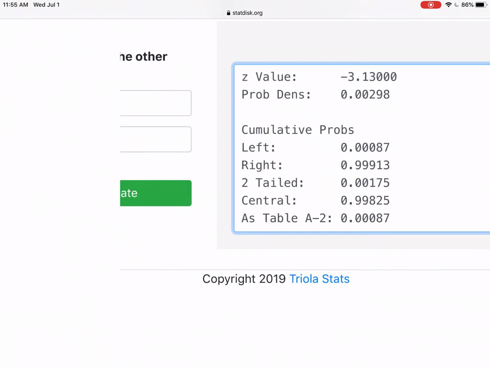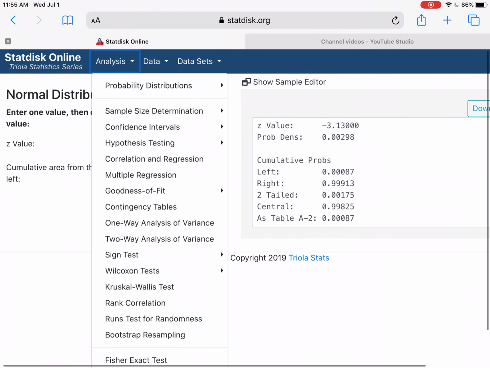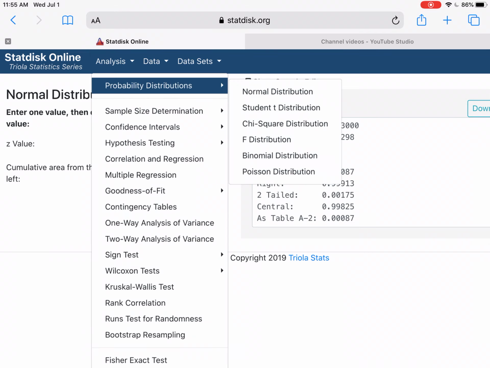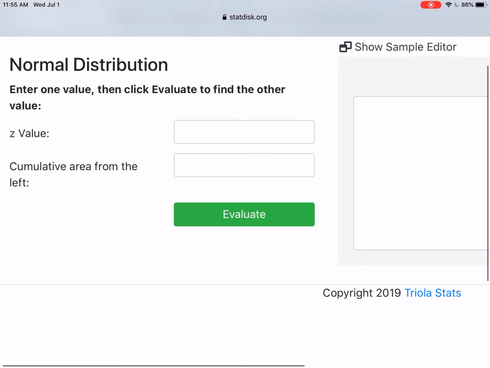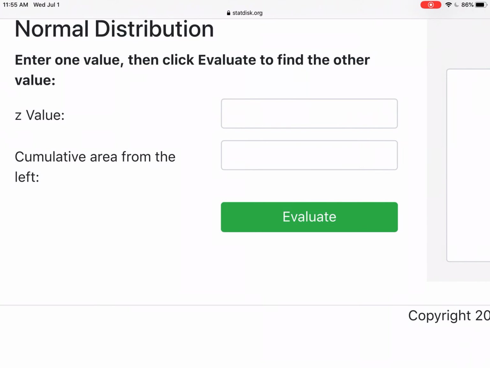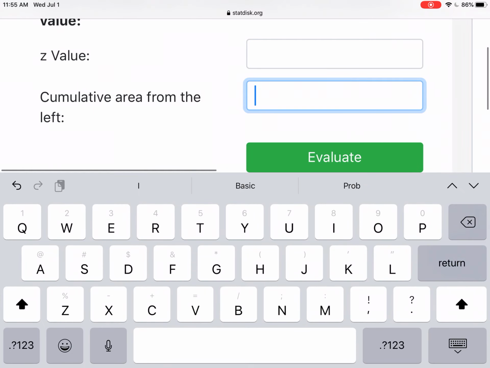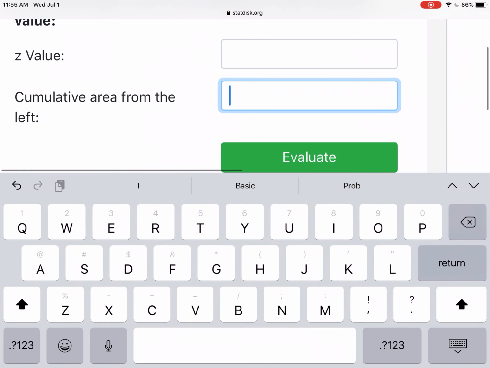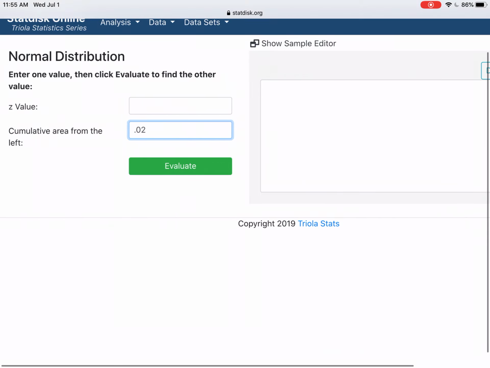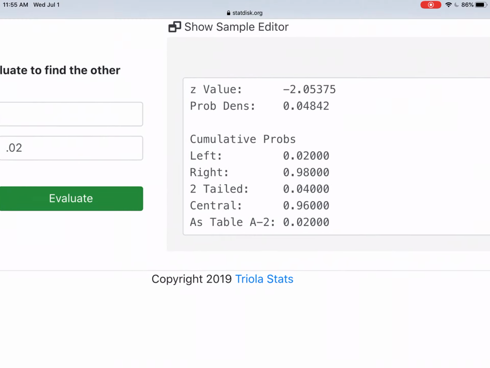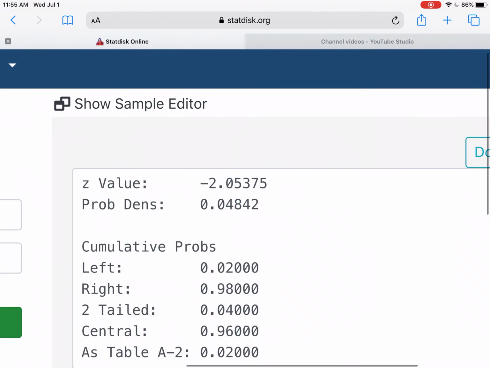Here in StatDisk, I would choose analysis, probability distributions, normal distribution. This time we're trying to find a z-value. We don't know that. We do know the cumulative area from the left, so you need to input an area to the left, and that area to the left is 0.02. So we will evaluate that.